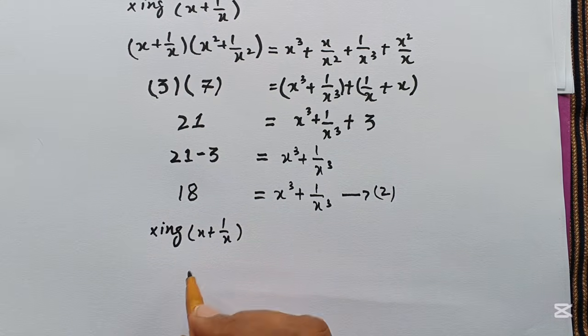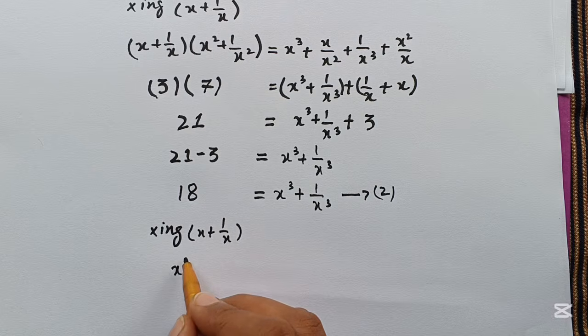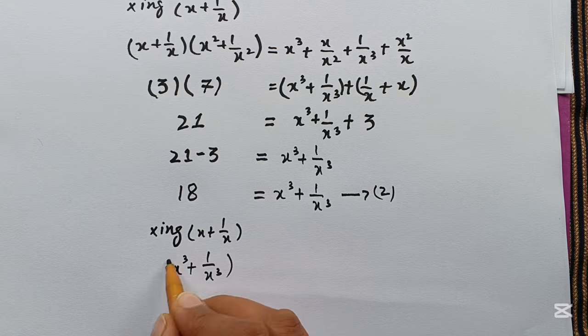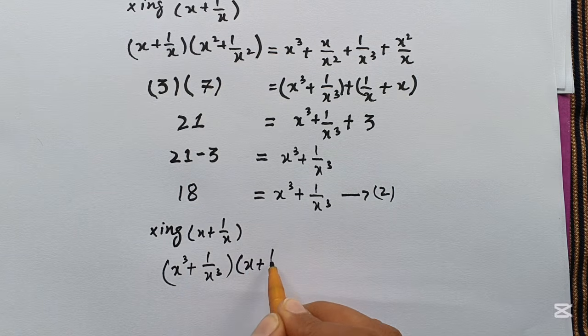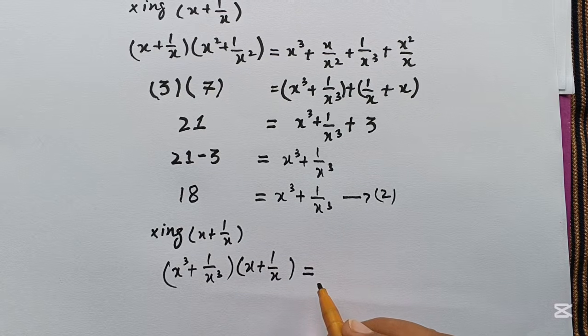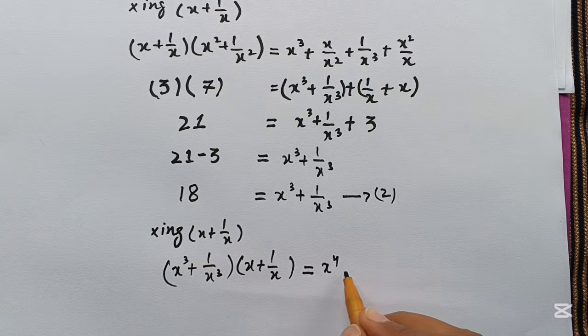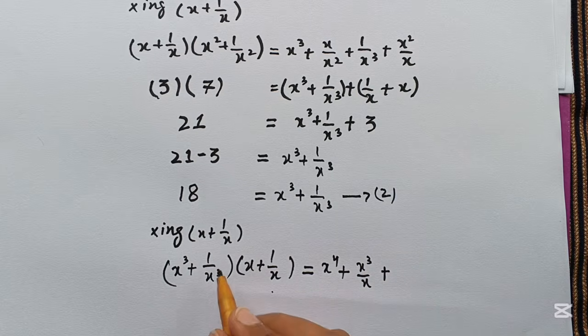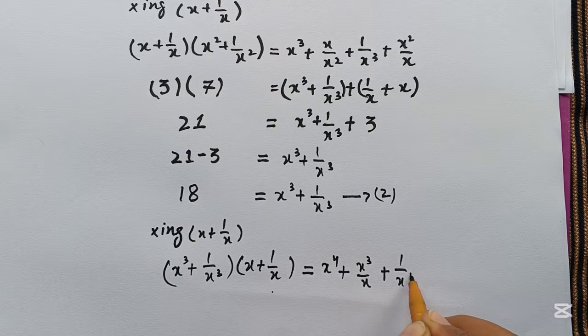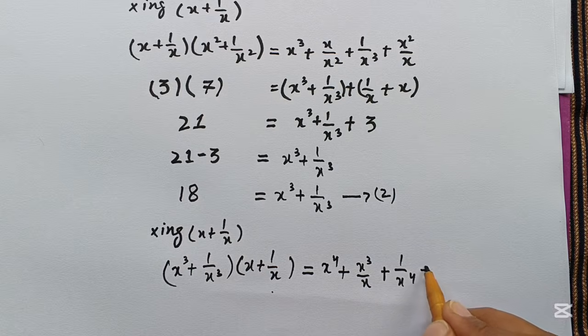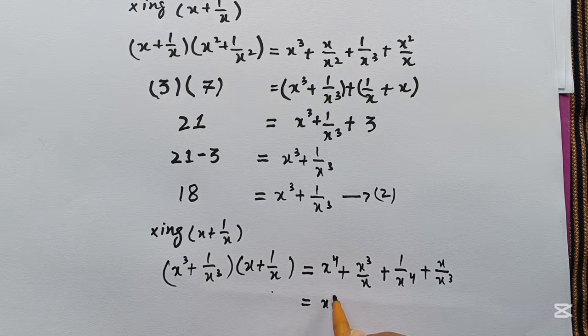So x cube plus 1 over x cube into x plus 1 over x is equal to: x cube times x is x power 4, plus x cube times 1 over x is x cube divided by x, plus 1 over x cube times 1 over x is 1 over x power 4, and 1 over x cube times x is x over x cube.